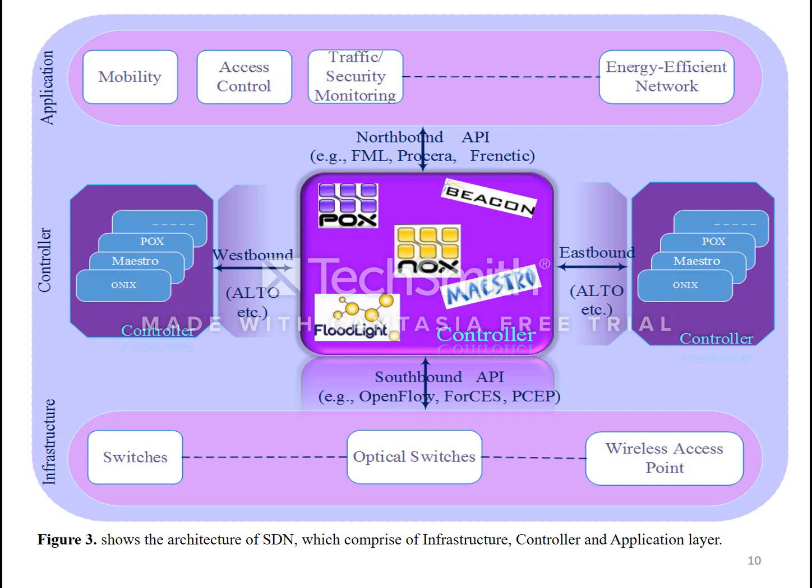Switches, routers, optical switches, wireless access points, and base stations are all part of the infrastructure, and the infrastructure communicates with the controller. There are two very popular controllers in SDN. Please remember, these two controllers are very important: NOX and POX.